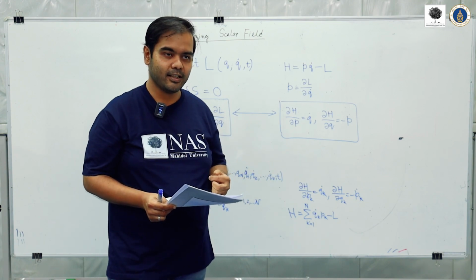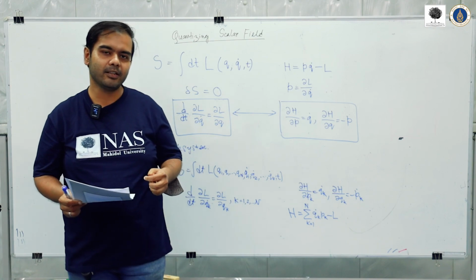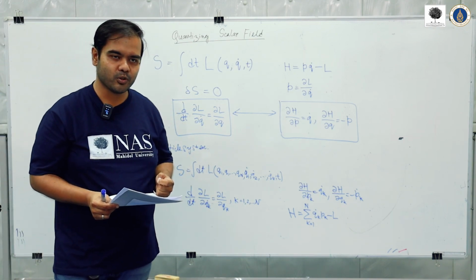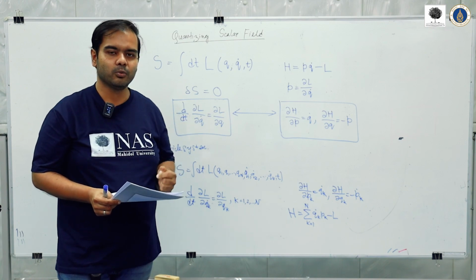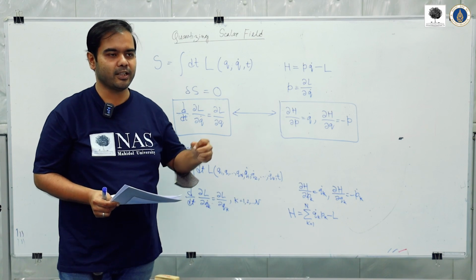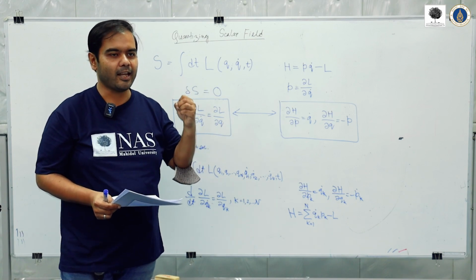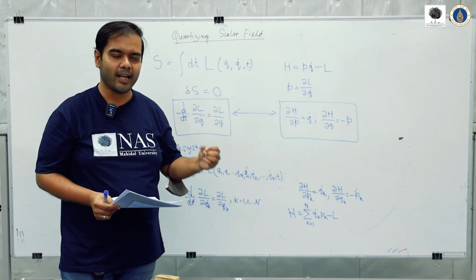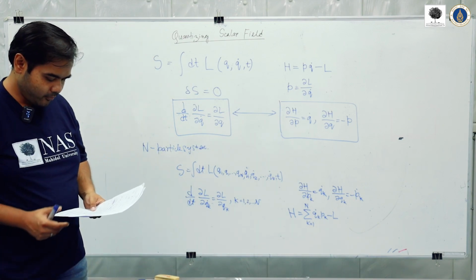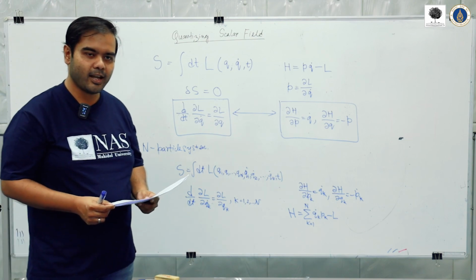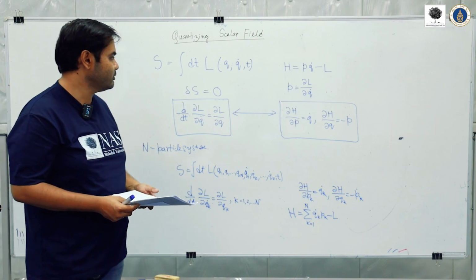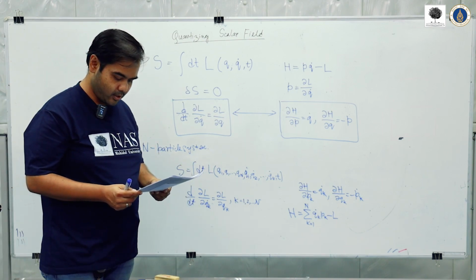Because of this extended nature, you cannot ascribe a particular position to this field. It will have many different positions because it exists at different positions at a given time. So what to do? For this case, we have to modify our notion of Lagrangian and Hamiltonian.